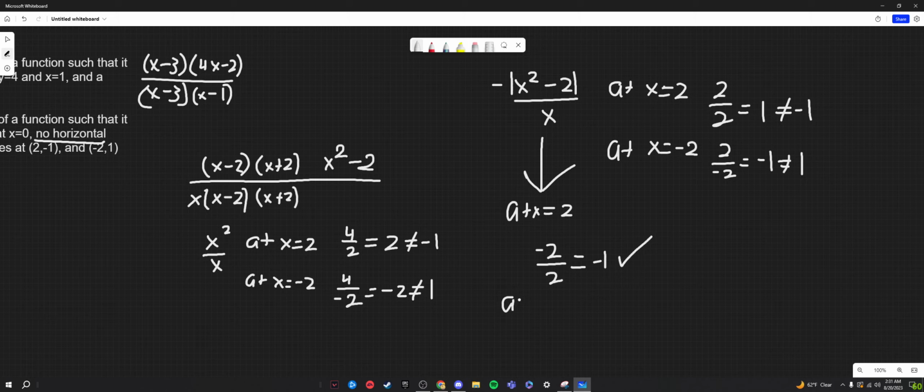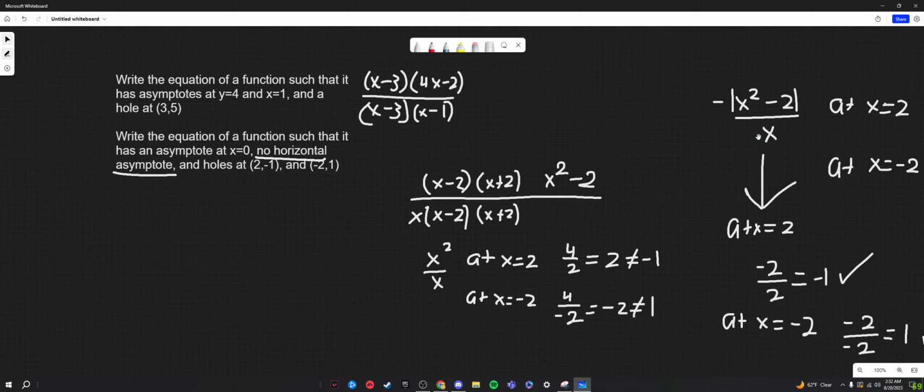And now at x equals negative 2, negative 2 squared minus 2 is still 2, but then we add the negative sign from the absolute value, so we get negative 2 over negative 2, which comes out to positive 1, so we have our second hole. So this is the actual term we need, namely the negative absolute value of x squared minus 2. That is not necessary. You could just add the negative to the x in the denominator, but I think it makes for a cooler looking function, so why not?